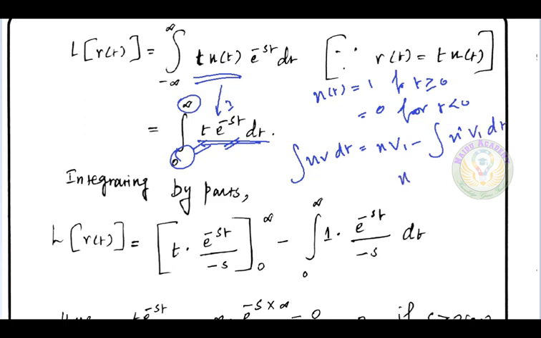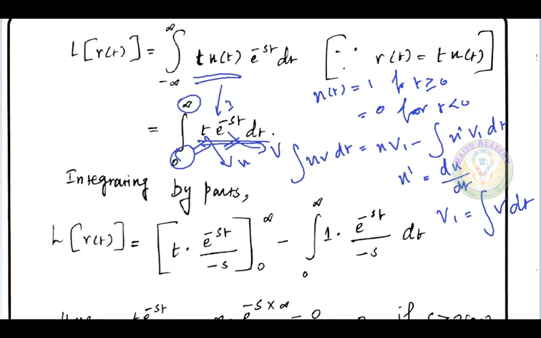Here u dash is equal to du divided by dt, and v1 is equal to the integral of v dt. So here this is your u and this is your v.